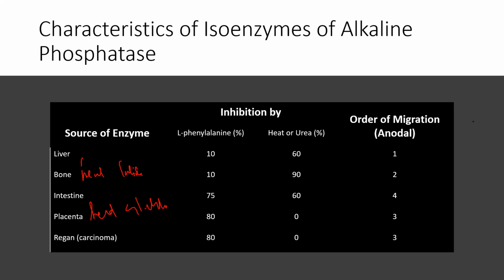Now, kapag naman we have the electrophoresis and migration to the anode, ang unang mag-migrate towards the anode, no, yung mga isoenzymes ng liver, followed by bones, followed by placenta and regan, followed by intestine.